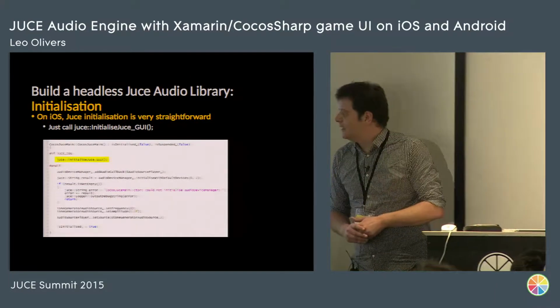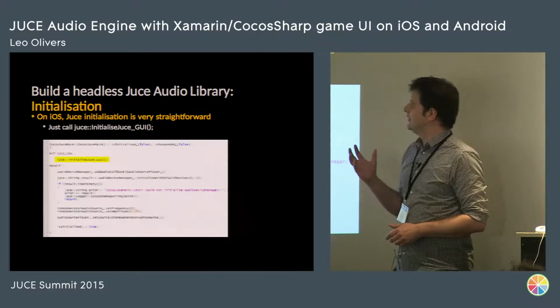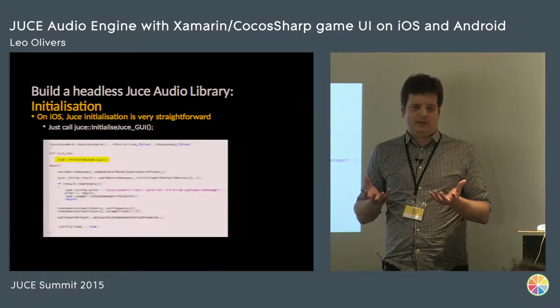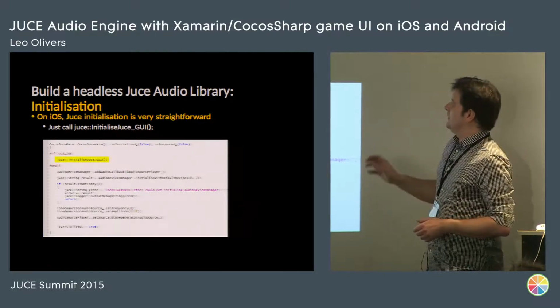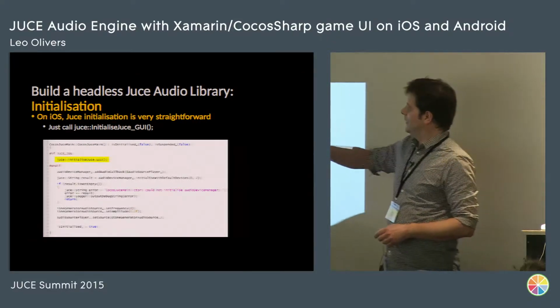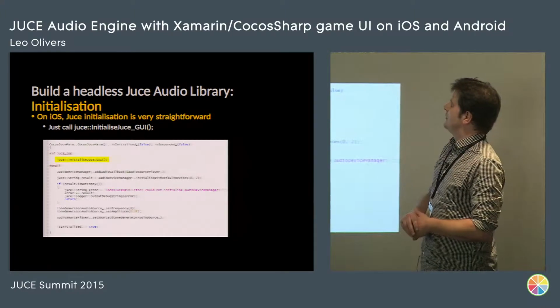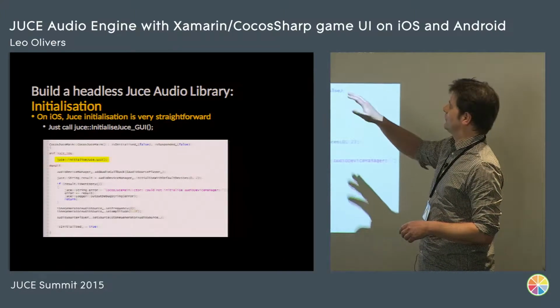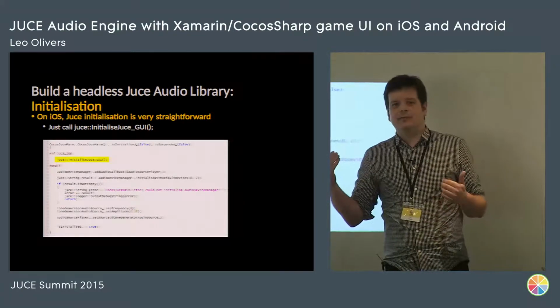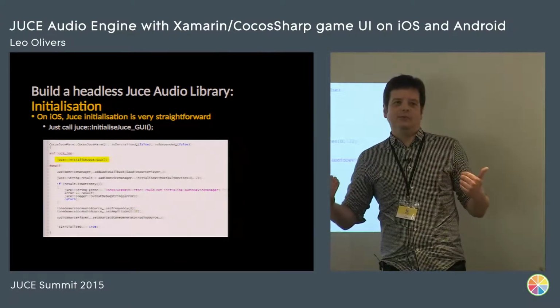Okay, another thing that's important is that you should at some point initialize your JUCE library. And on iOS, that's quite straightforward. There, JUCE provides an initialization function, initialize JUCE GUI, which suggests that you initialize a GUI, but you are not forced, of course, to implement the GUI in your library.